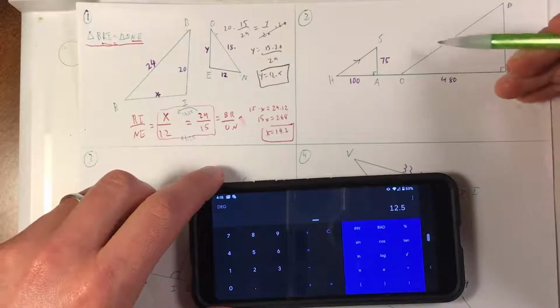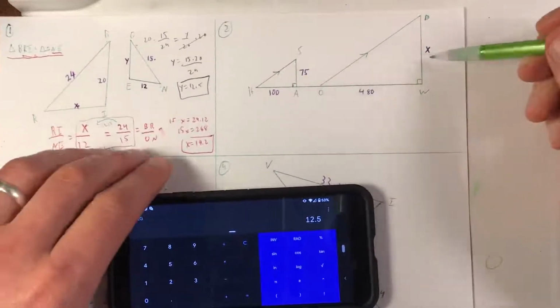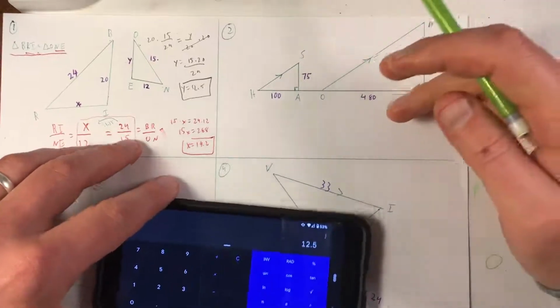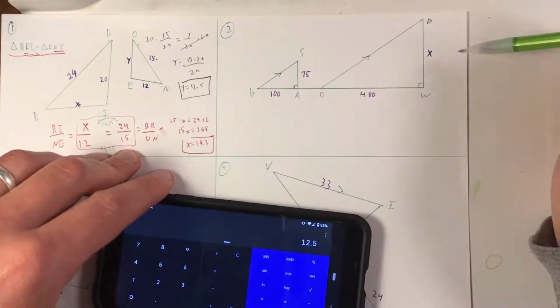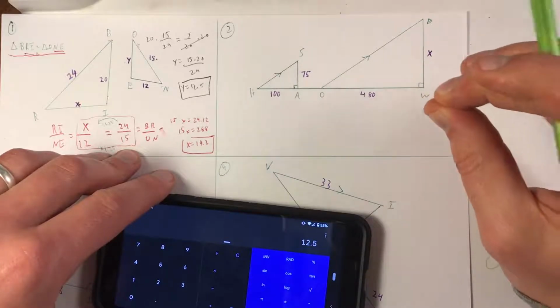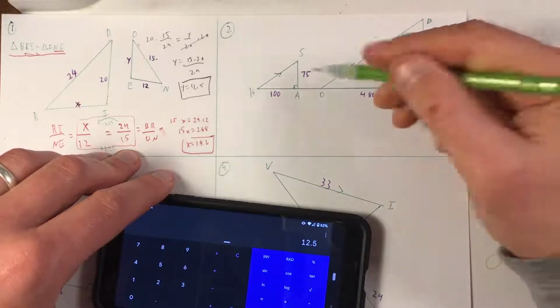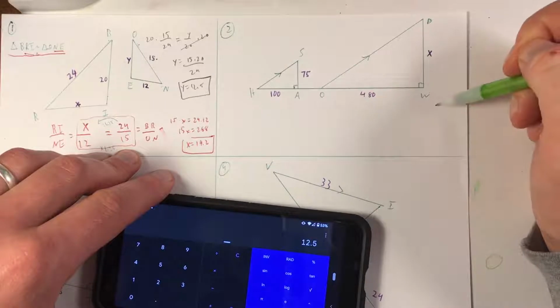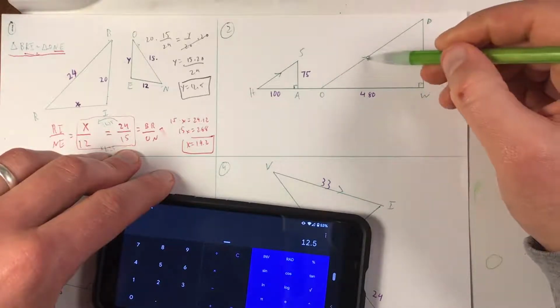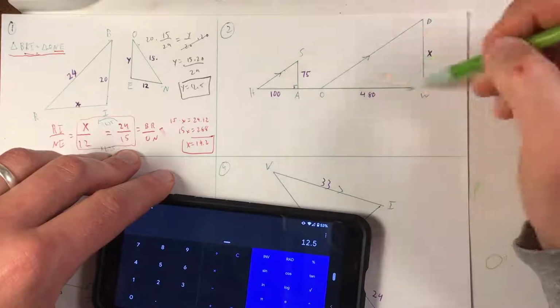Coming over to problem number 2, it does not tell us the triangles are similar, so technically we don't know if we can set up a proportion yet. However, they do tell us that one pair of angles are congruent, those right angles. And these two lines are parallel.